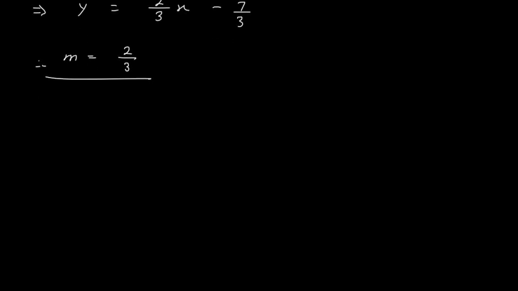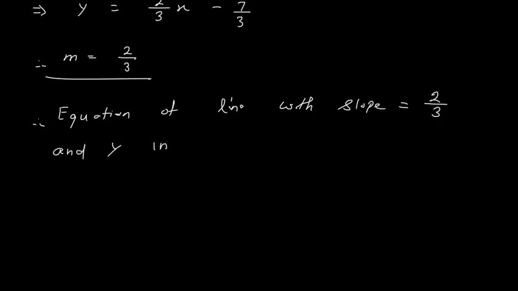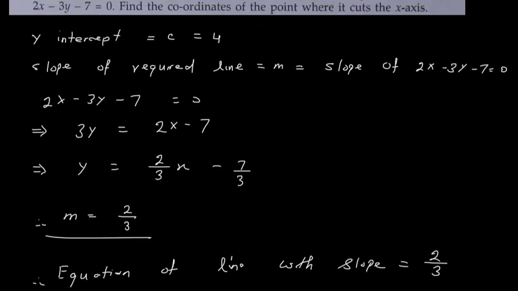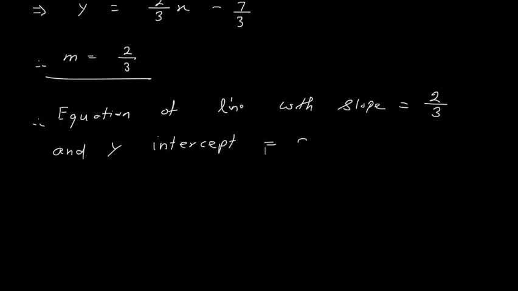Therefore the equation of line with slope equal to 2 upon 3 and y-intercept equal to 4 is y equal to mx plus c, that is y equal to 2 divided by 3 x plus c.